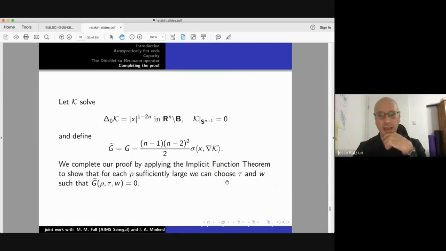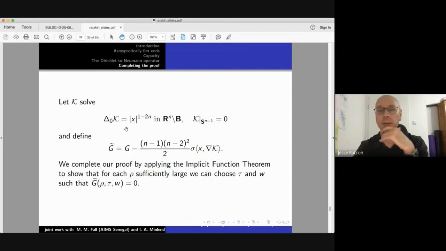And what I'm going to have is essentially this term sitting on the other side here. And what I want to arrange is that this g tilde is 0. I show that for every rho I can choose tau and w to arrange that this g tilde is 0 by using the implicit function theorem.